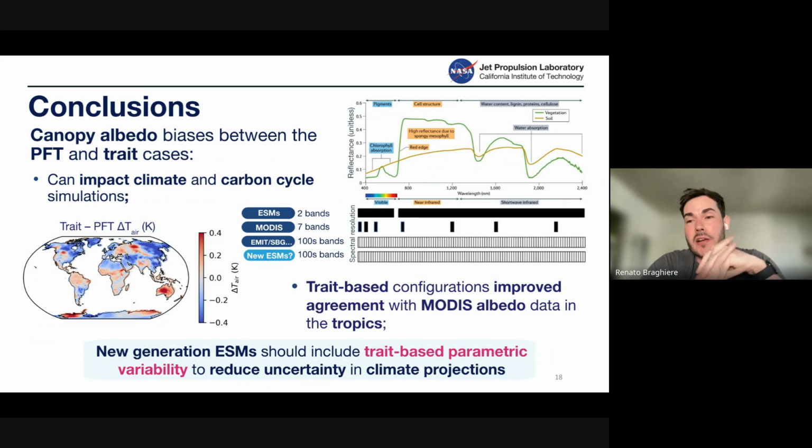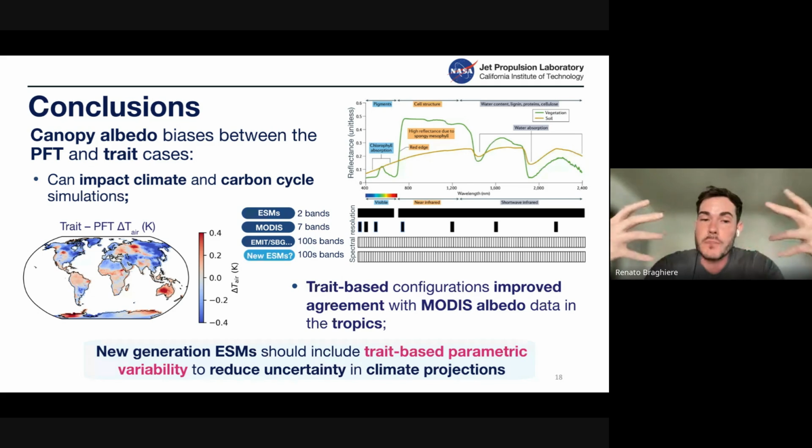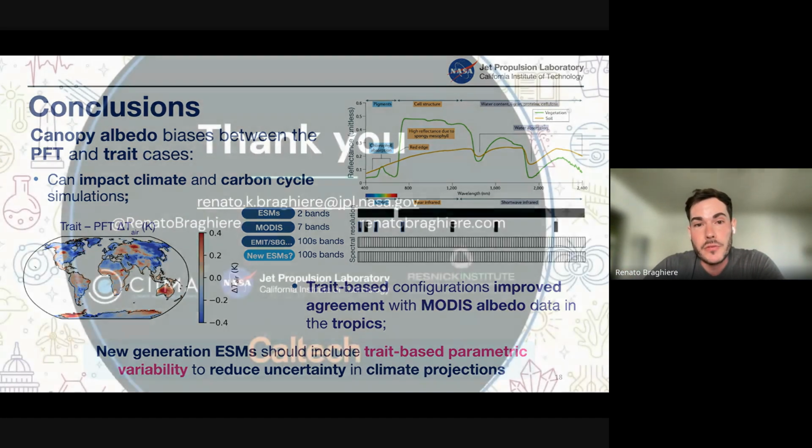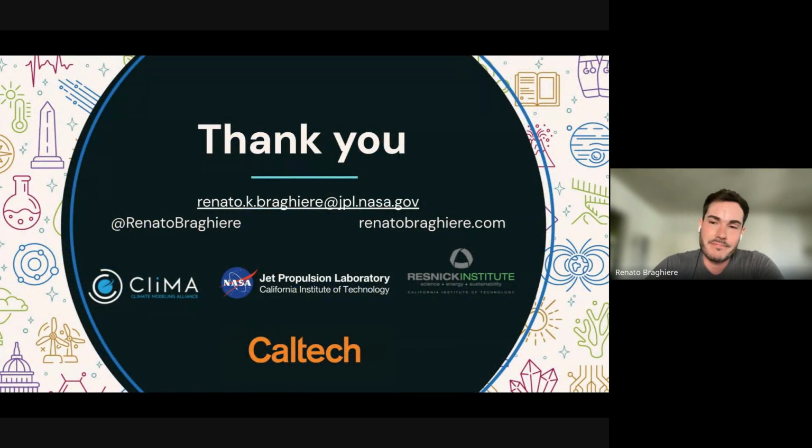And we argue that new generation Earth system models should think about including more trait-based parametric variability in order to account for some of these uncertainties in climate and carbon projections, making it a little more complicated, but a little more accounting for the internal variability within PFTs, but also the temporal variability of some of those values. Thank you very much.